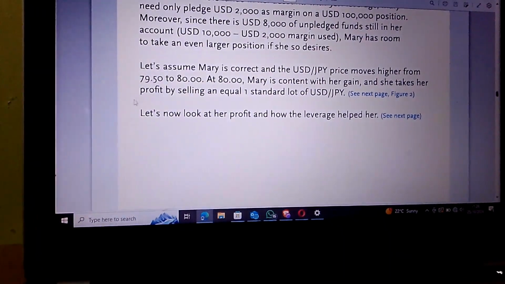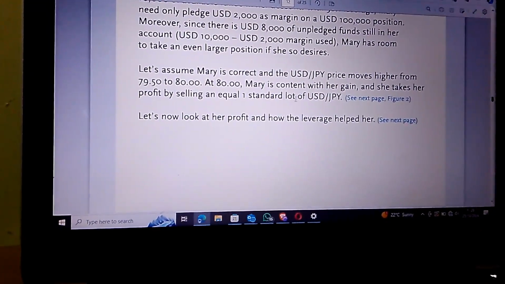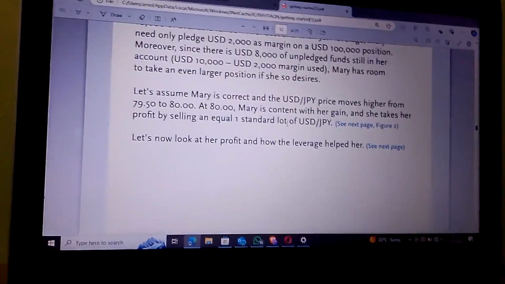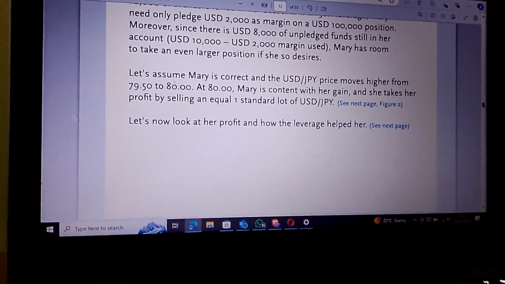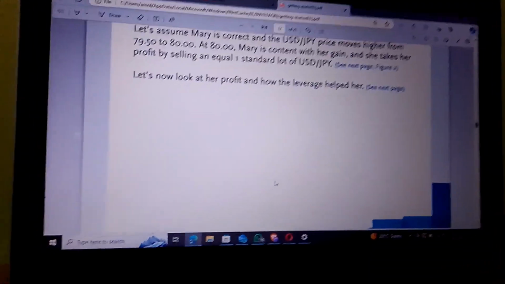You remember she held a one standard lot position. So now she sells an equal one standard lot at this price, 80.00. So now let's look at how leverage helped her.